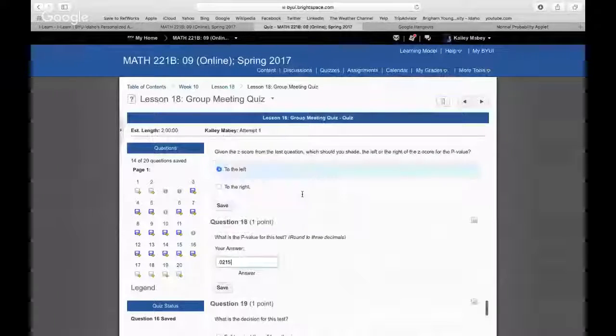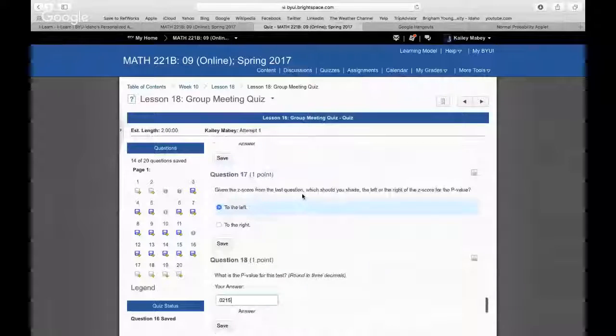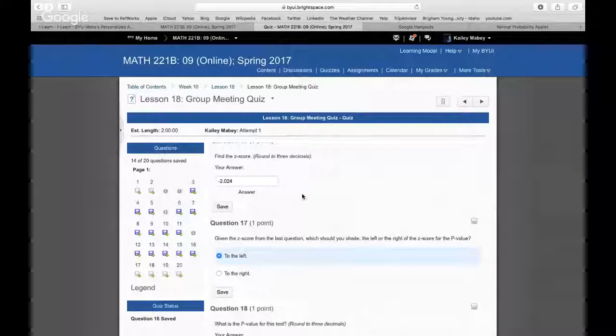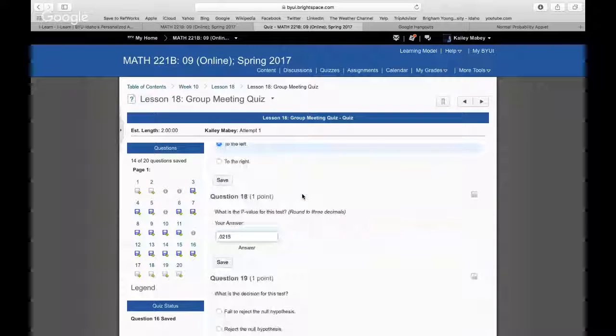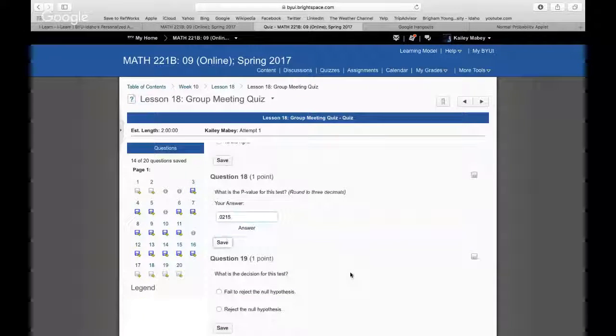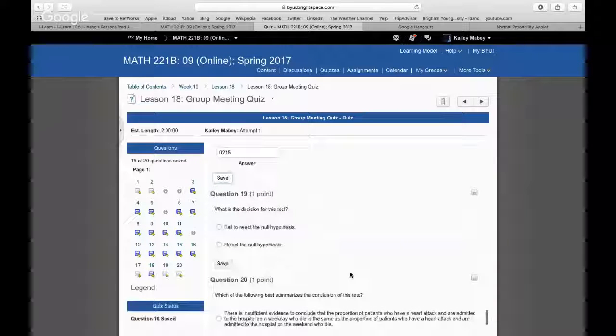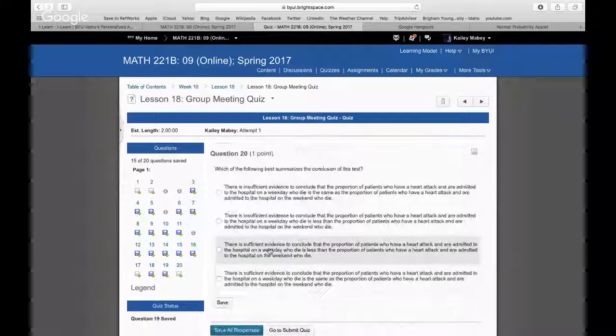That's what I got the first time and we got it wrong. Okay, so it should be negative 2.023 or 4? Well, it says 3 and then there's a 9 after it, so I just rounded it to 4. Okay, I think that's right. So your p-value is going to be 0.0215. And so then we reject the null and say that there is sufficient evidence to conclude less than. So that is the C.